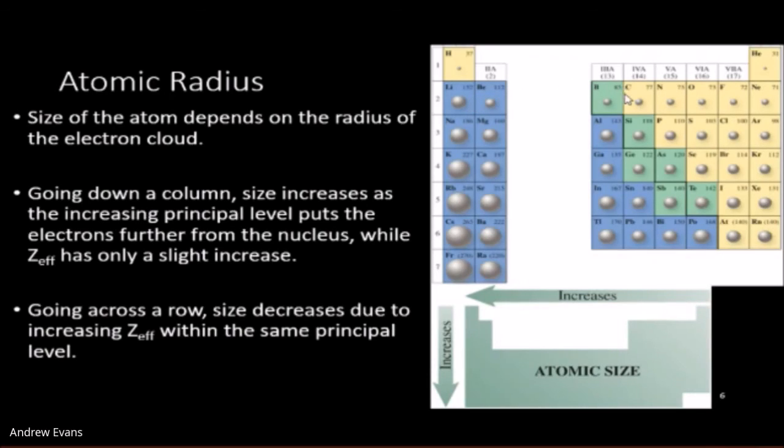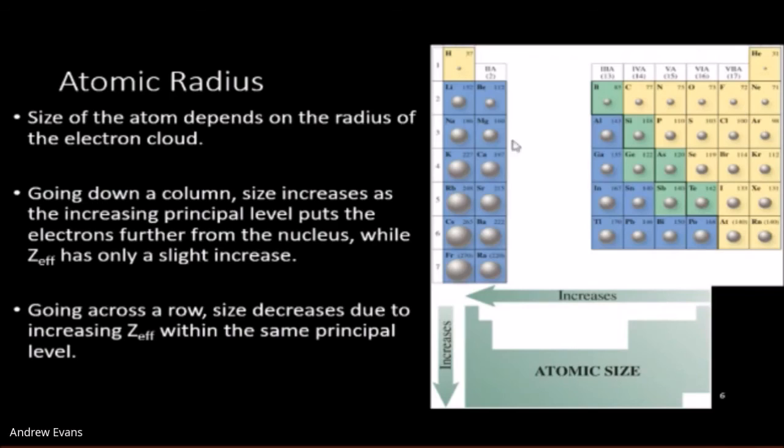Boron is like 85, then 77, then 75, then 73, then 72, then 71. The size is decreasing as we go across the table. Sodium is at 186, 160, 145, and so on until we get to argon, which is 98.